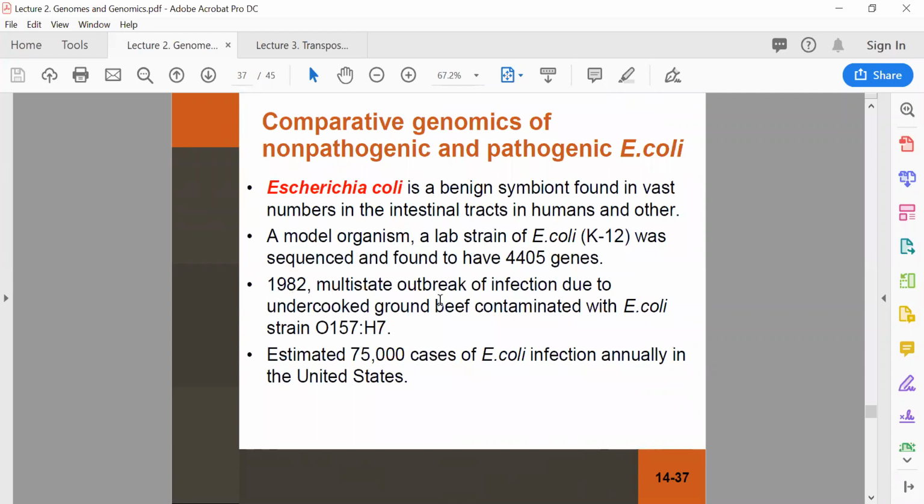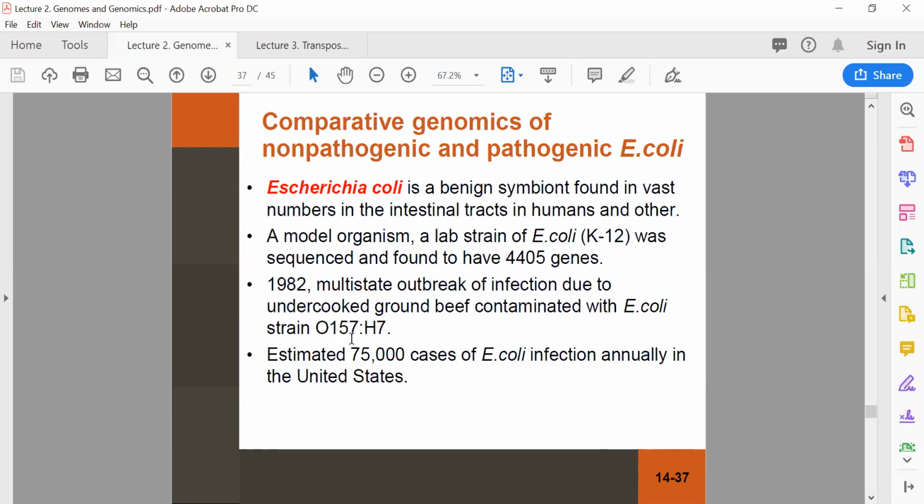All right, let's go back to 1982. There was an outbreak of infection due to undercooked ground beef that was found to be contaminated with E. coli, but a particular strain of E. coli called O157:H7. And this particular strain of E. coli is a pathogenic strain.